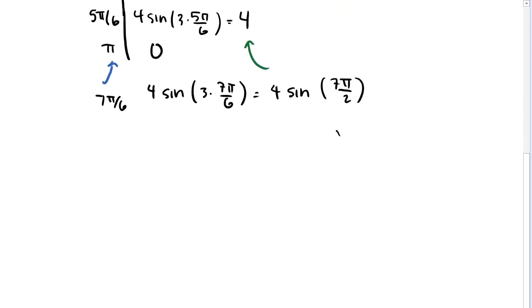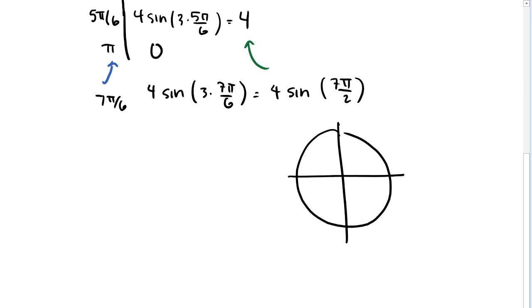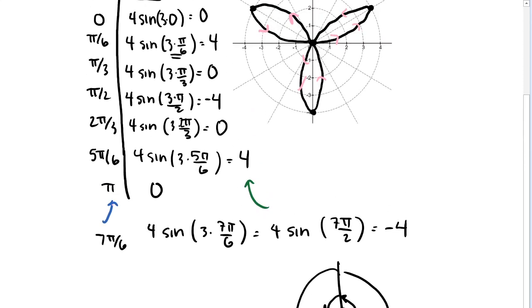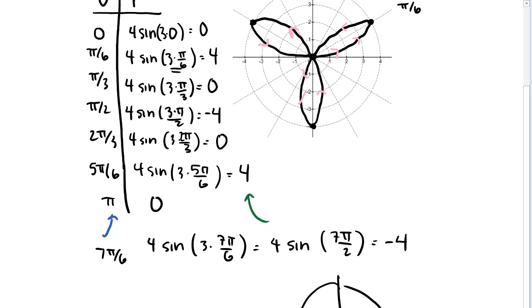And on the unit circle, 7 pi over 2, right, so here this is 4 pi over 2, just 2 pi, 5 pi over 2, 6 pi over 2, 7 pi over 2. This is going to give us -1 from sine, so it's going to be -4. And so here, the point we see is that as we go to 7 pi over 6, we're 4 units in the opposite direction, so we're back out here. But now this point we're looking at is not pi over 6 comma 4, it's 7 pi over 6 comma -4.